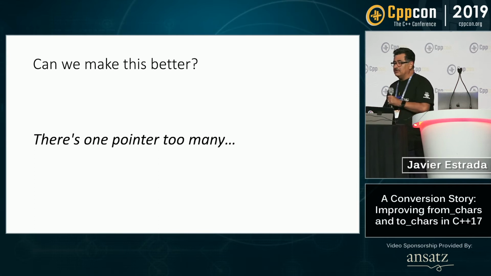Can we make this better? And obviously we can. The reason is that there's one extra pointer there that we don't need. And being a little bit lazy, let's see how we can eliminate that extra pointer.